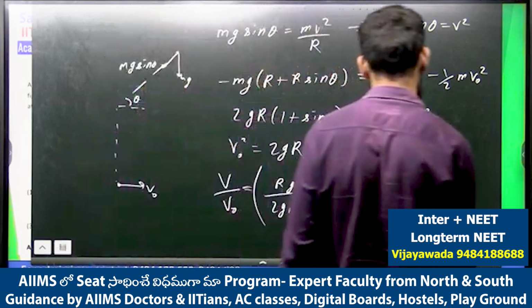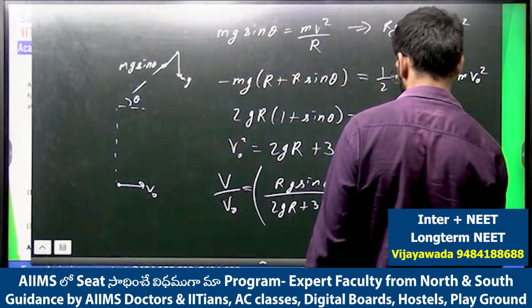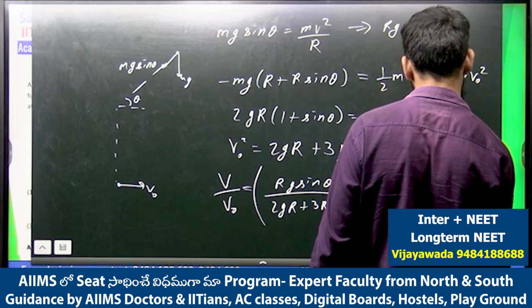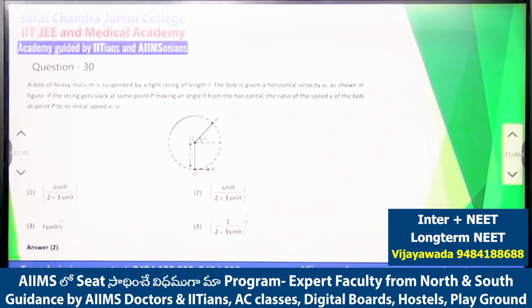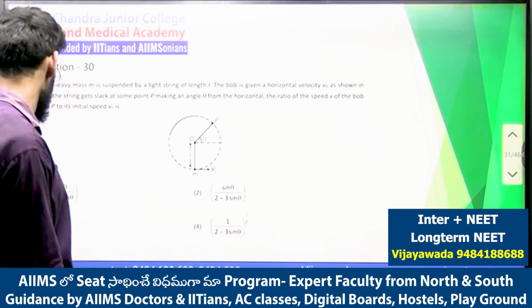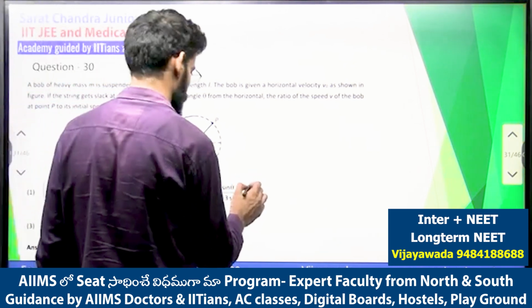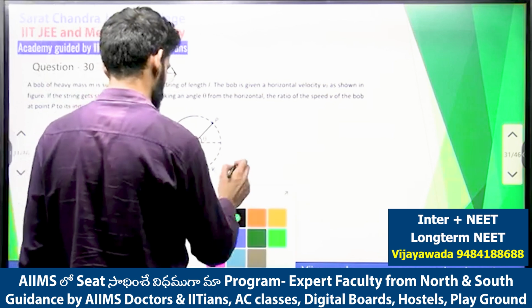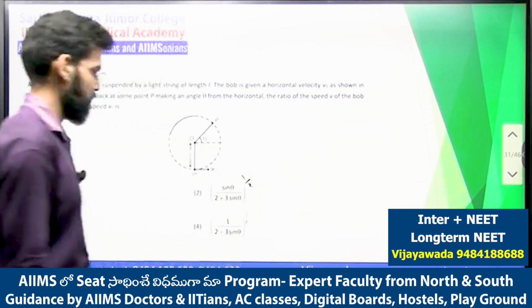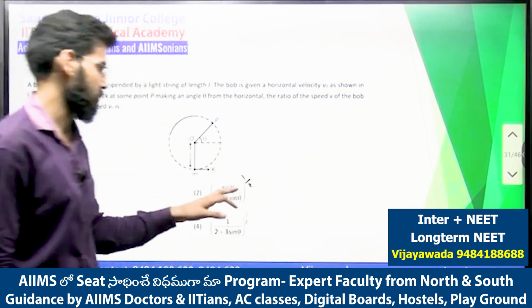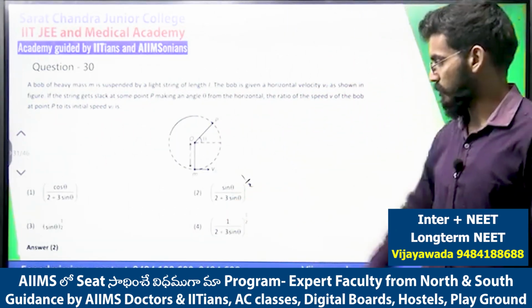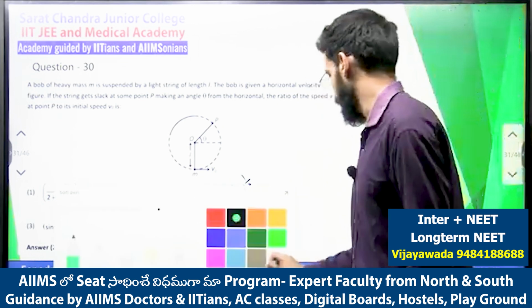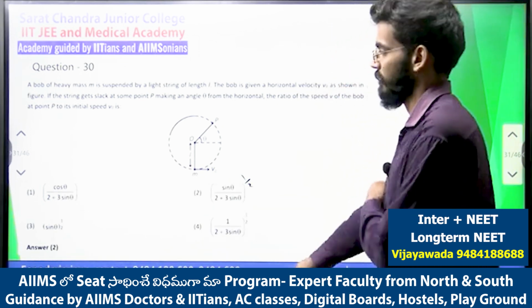So you have sin theta in the numerator, and in the denominator you will have 2 plus 3 sin theta, to the power half. Here, in the second option, they didn't mention the power half. There is a power half, so the second option is written wrong. It's a printing mistake. Here half is there, sin theta upon 2 plus 3 sin theta. That's it. So second option.